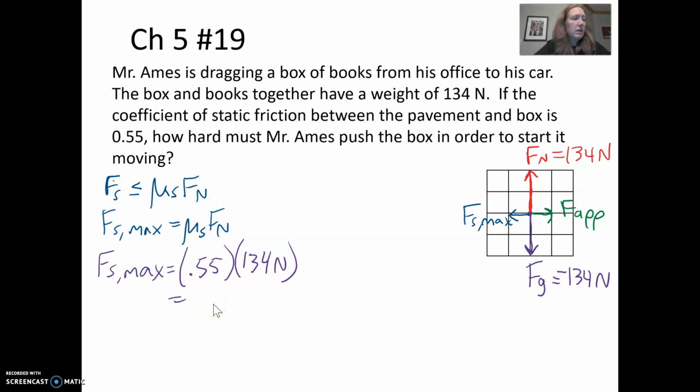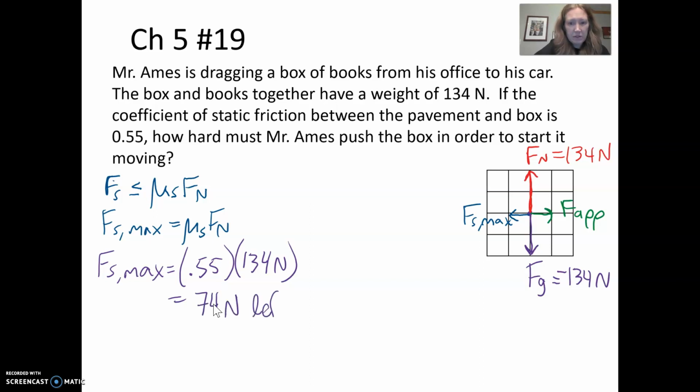Now technically that's a left force. Okay, so then get out your calculator. I get 73.7, but for sig figs, I'm going to have to round that to 74.